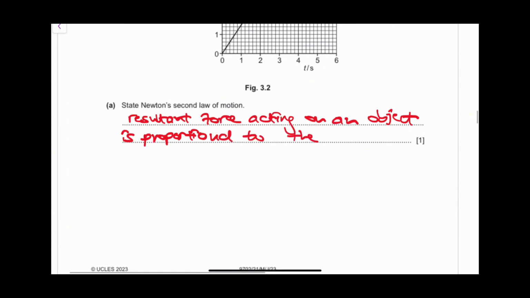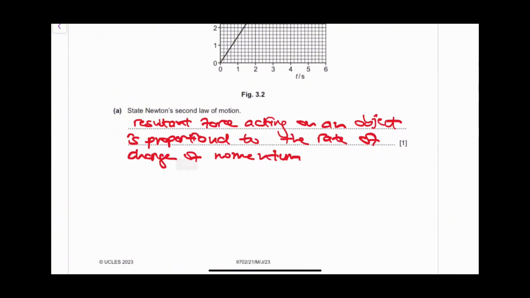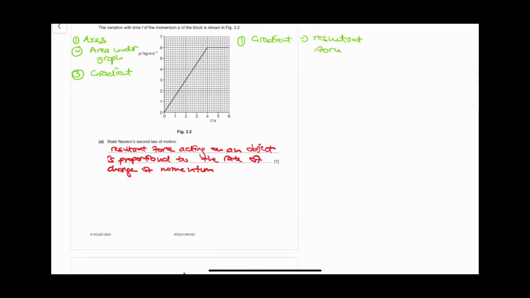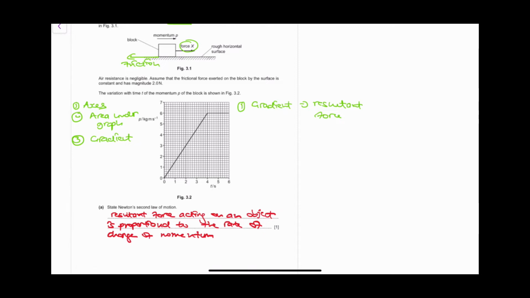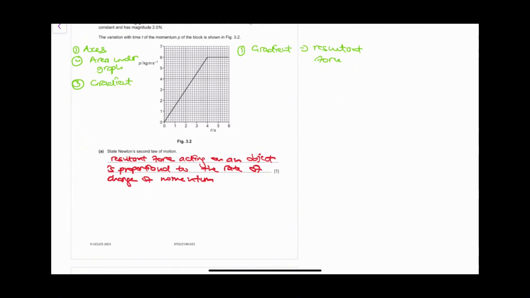So if you have a resultant force acting on an object, that resultant force is proportional to the rate at which the momentum of that object is changing.